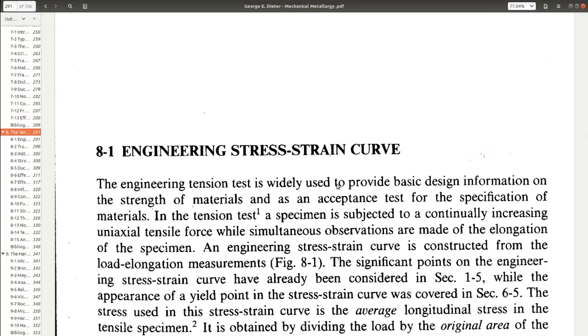So from this we will be able to plot something called engineering stress versus engineering strain curve. So what is this engineering stress and engineering strain curve?